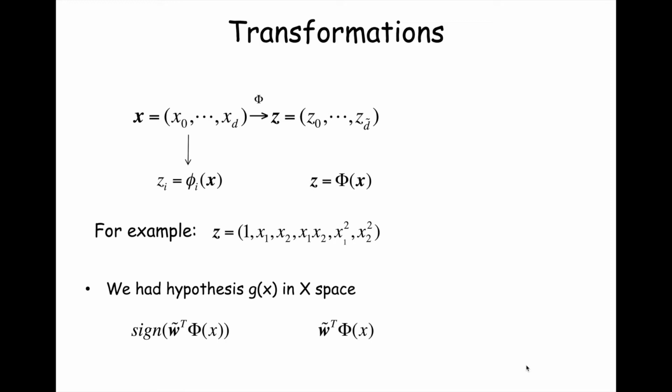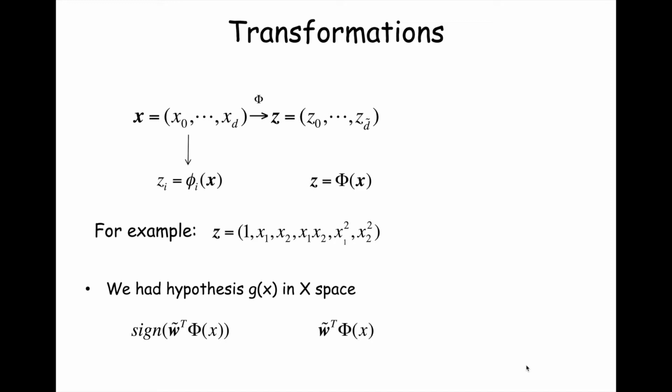And so you could actually construct an arbitrary phi function. It doesn't matter, but for the dimensionality of this z space, you're going to have d tilde plus 1 many of these individual feature level phi functions. And so for each x, we're going to have a corresponding z. And here's an example of one such transformation.